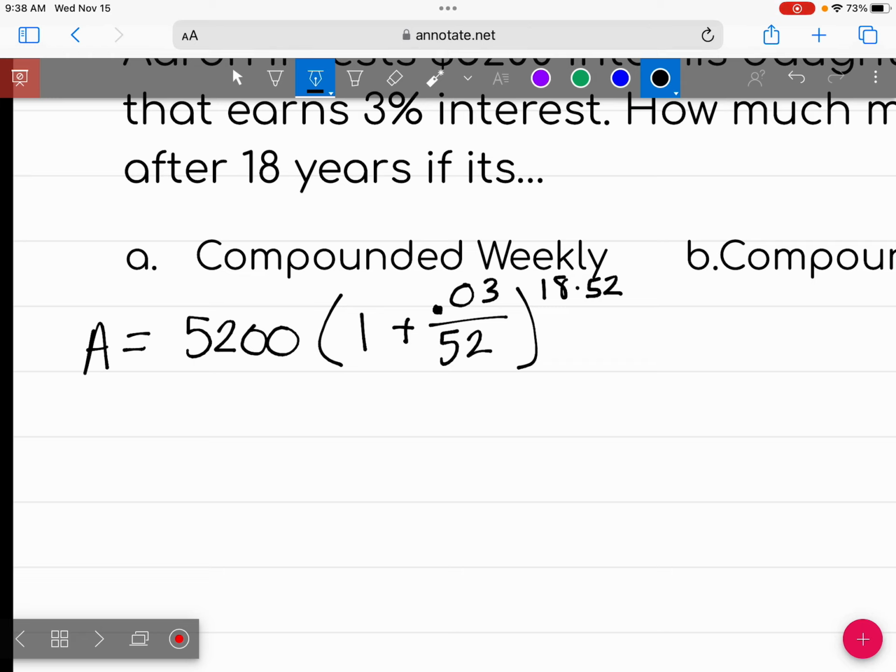Type it in the calculators. What do we have? 85 cents.